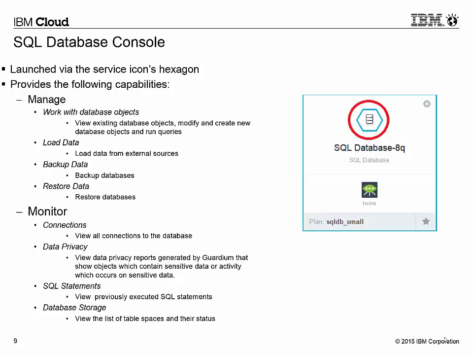You can look at previously executed SQL statements, and you can look at the various table spaces, so the database objects that actually store your data, look at their status, and so on. So again, with the SQL Database Console, you're able to both manage your database and also monitor your database.